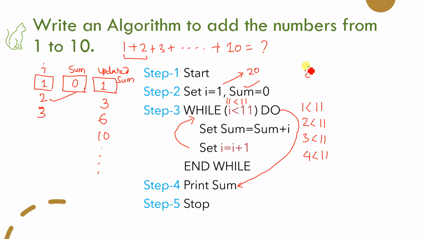The condition will be I less than 31, because you want to add from 20 to 30, not 31. When I becomes 31, 31 is less than 31, the condition becomes false. All other things remain the same. Every time I gets updated, that value is added to sum, which is initially 0. So it will solve the problem of adding the numbers from 20 to 30.